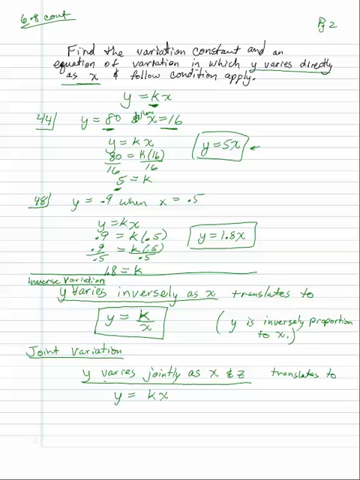So it's just like direct variation, but you're going to have two variables. Okay, so that's the other form. Or you could say y is jointly proportional to x and z. All right, and then you can actually do a combination of a joint variation with inverse, or you can do a varies directly and inversely. So you can do combinations of these three. All right, so let's try a couple of word problems, see how we do.